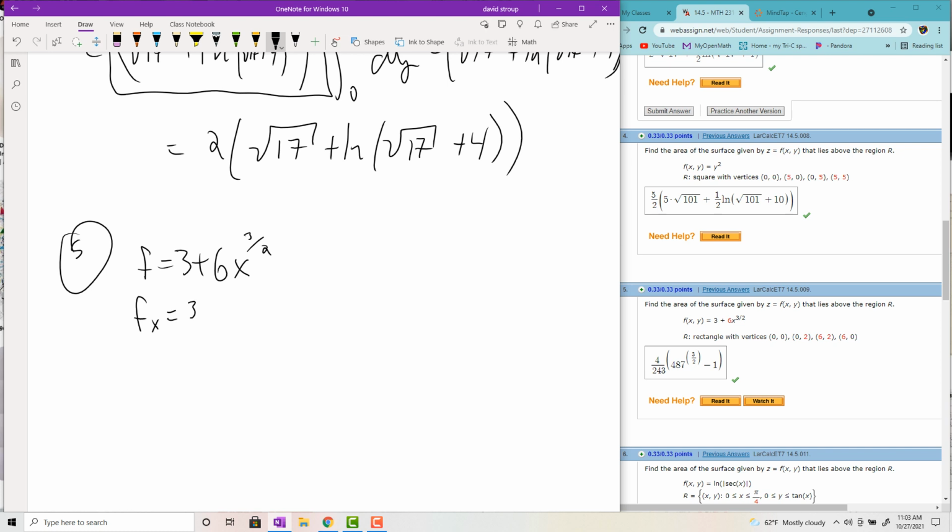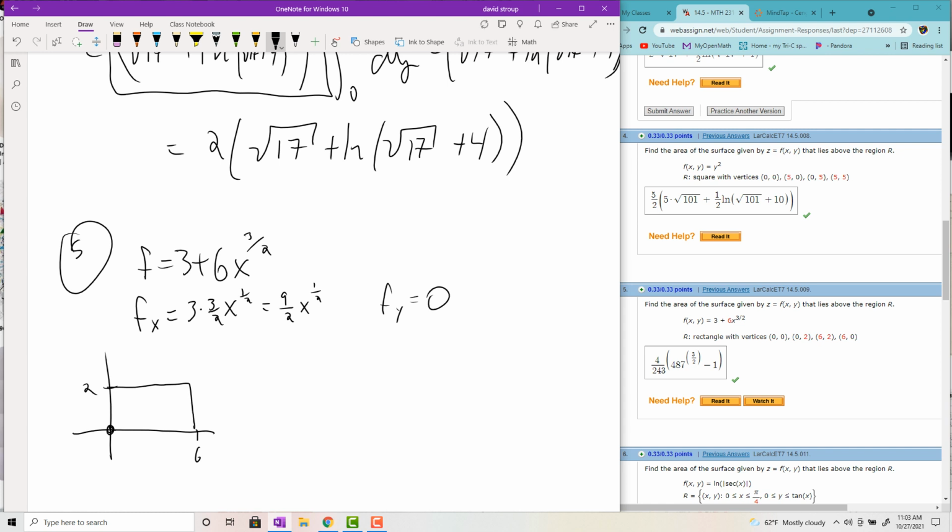That's going to be 6 times 3 halves. X to the 3 halves minus 2 halves is 1 half. So this would be 9 halves x to the 1 half. Fy would be 0, and then I'm integrating over 0, 0, 0, 2, and then 6, 2.